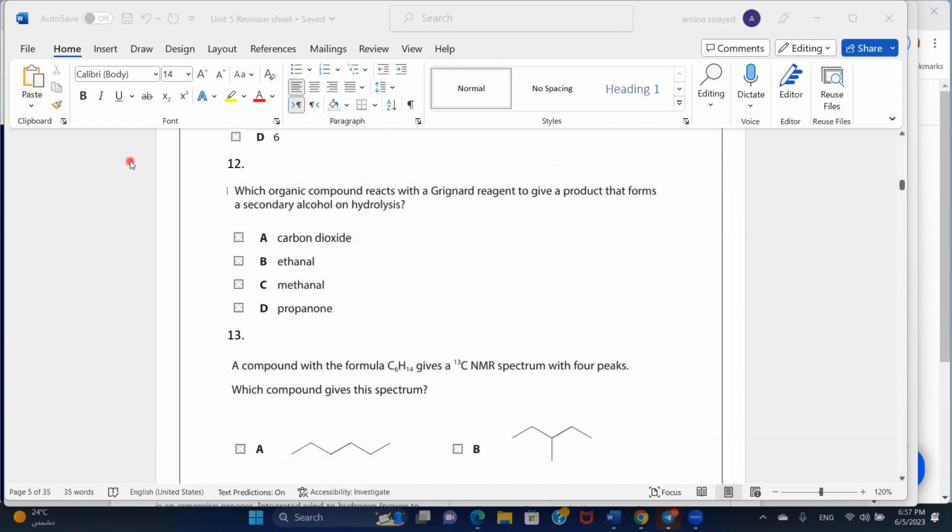Which organic compound reacts with a Grignard reagent to give a product that forms a secondary alcohol on hydrolysis? Yes, Abdullah, excellent. Amina, excellent. Bisan, excellent. Sama, excellent. Najud, excellent.